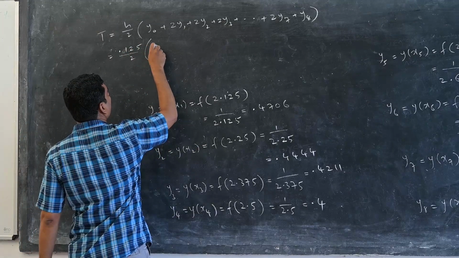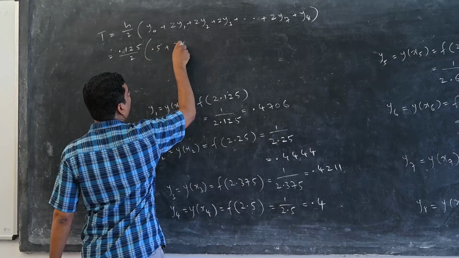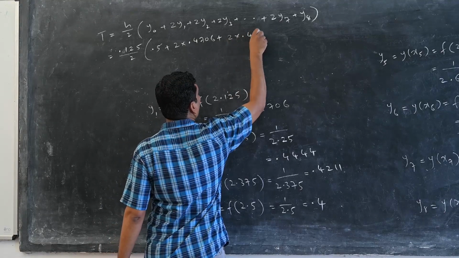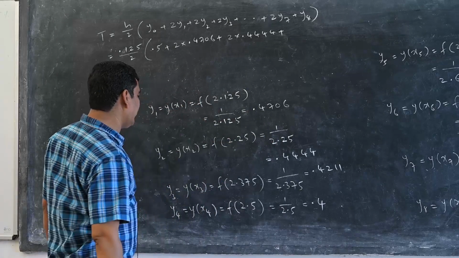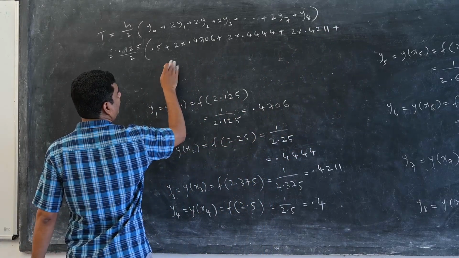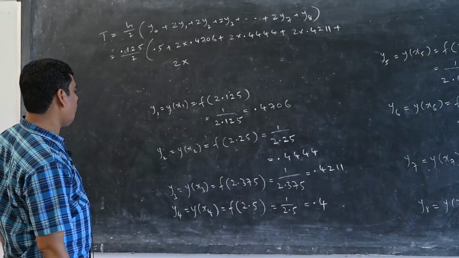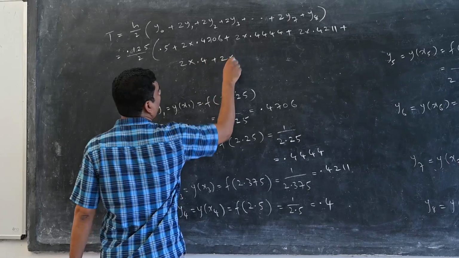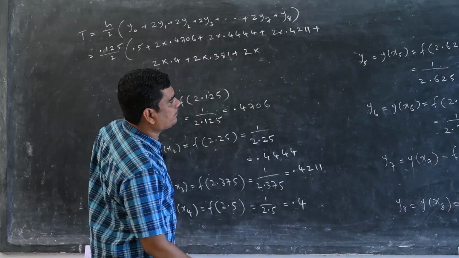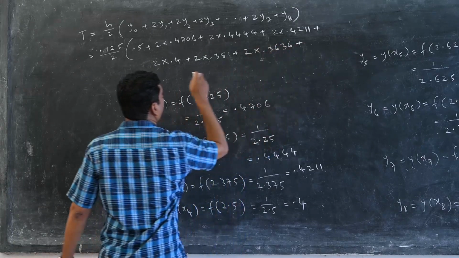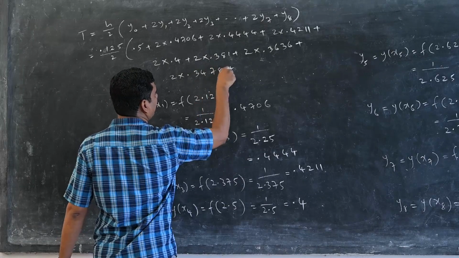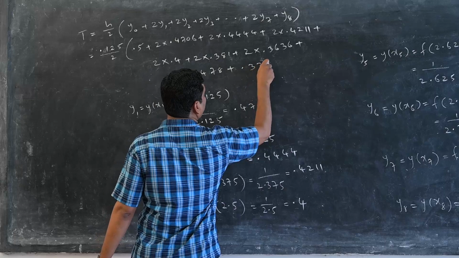We have the value of y0 as 0.5. Plus 2 into 0.4706, 2 into 0.4444, 2 into 0.4211, 2 into 0.4, 2 into 0.381, 2 into 0.3636, plus 2 into 0.3478, plus y8, 0.3333.